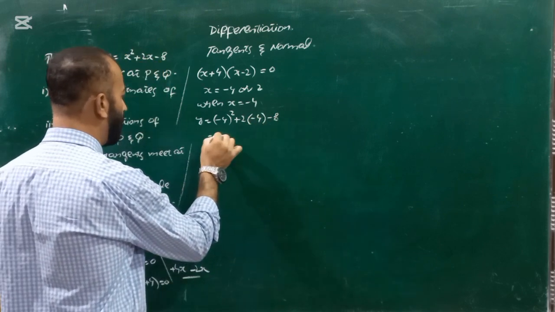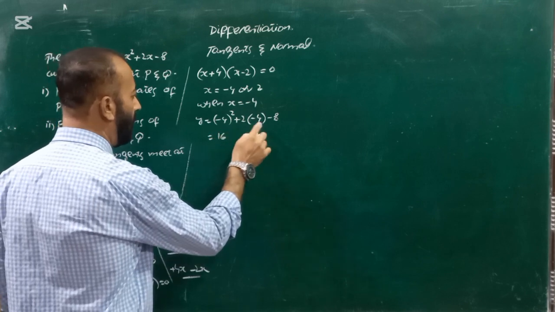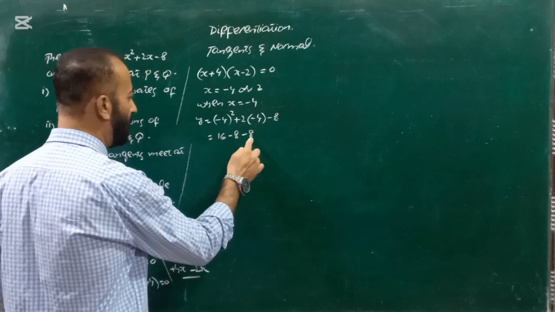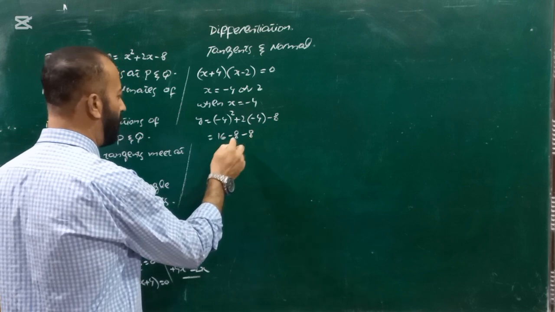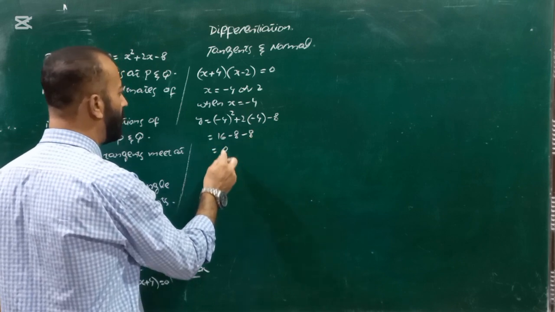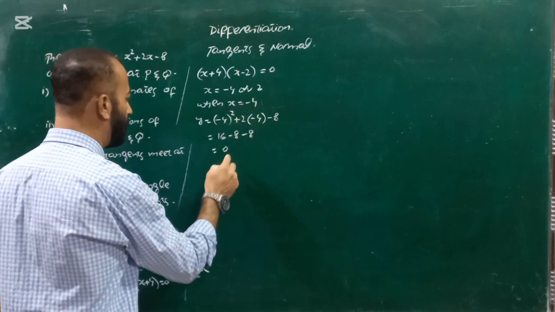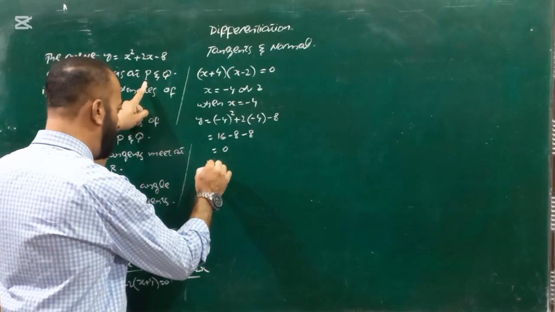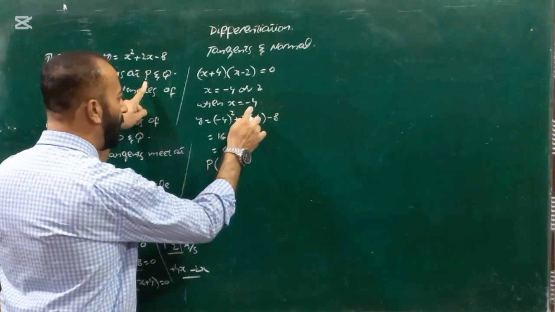So minus 4 square is 16. This will be minus 8 and this minus 8 is as it is. So it is minus 16 and plus 16 will be cancelled. So the point will be minus 4, 0. So call it one point, that is P. So P is minus 4, 0.